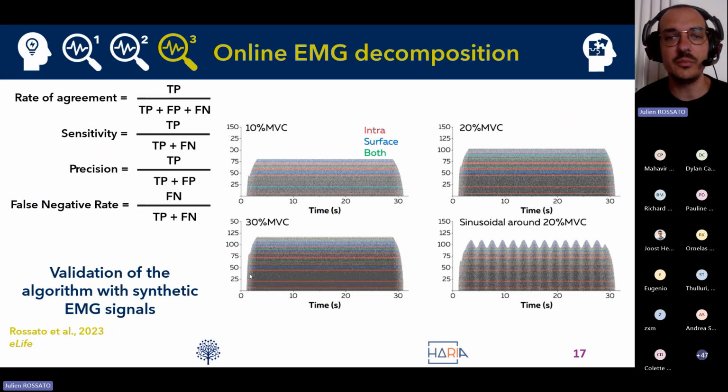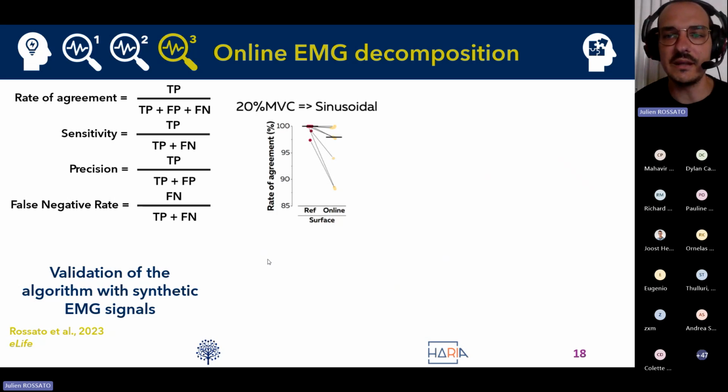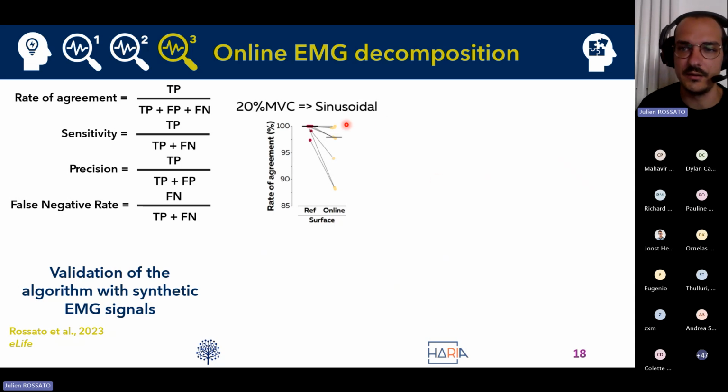To estimate the performance of the software, we use the same synthetic EMG signal, applying the separation vector and classifier we obtained with the ramp at 20% of MVC, and we apply them to the signal at 10%, 30%, or the sinusoidal around 20%. First, we can look at the rate of agreement when the motor unit filters were applied to the sinusoidal contraction.